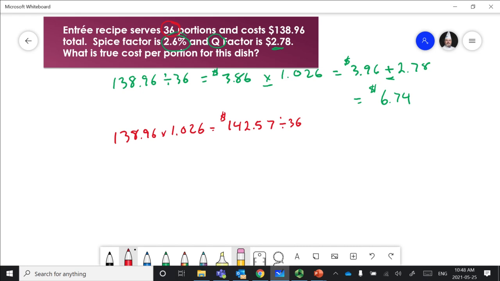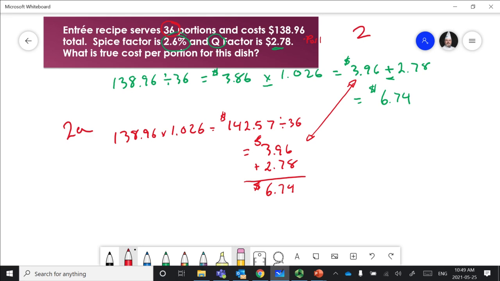Q factor is for 1 portion, right? So we're going to divide by 36, which is going to give us a portion cost of $3.96, which, hey, look, we're in the same spot, right? So we add our 2.78 now, and we end up with our 6.74. So it doesn't really matter which route you go. There's Highway 2, and this is 2A, right? Whichever way makes sense to you, okay?